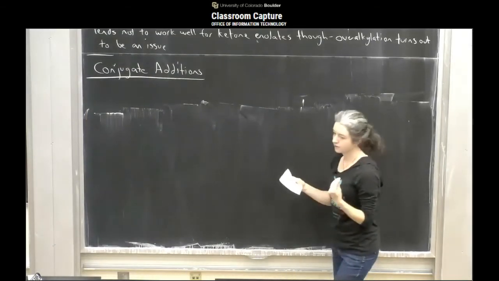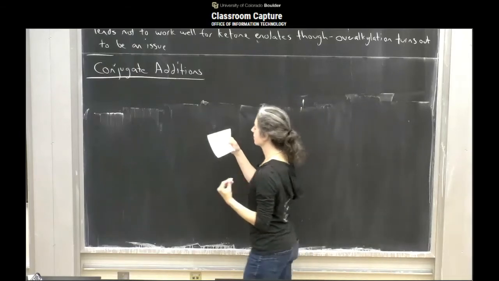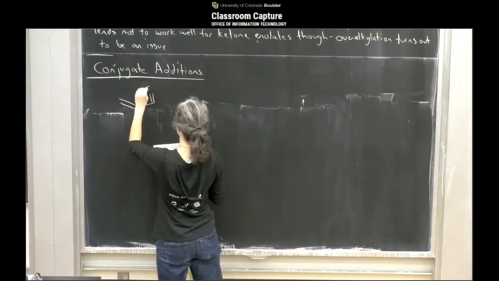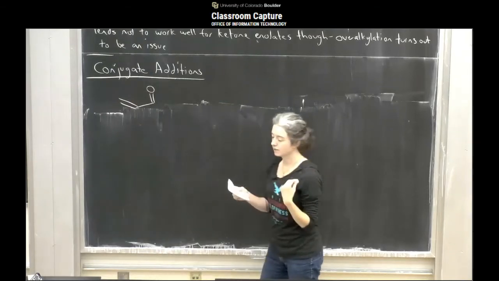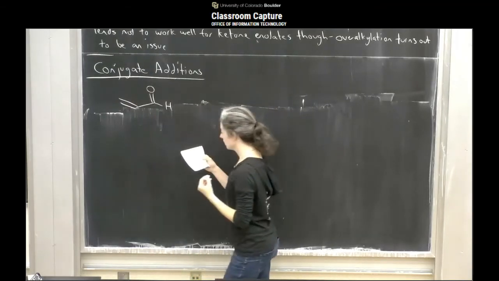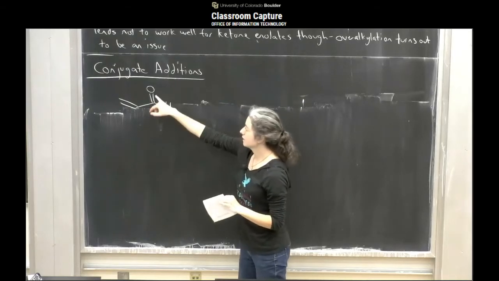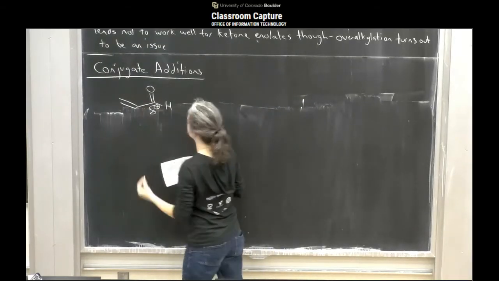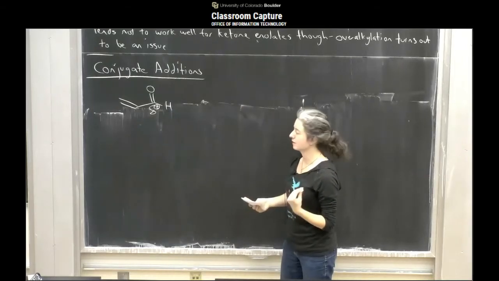So this whole section is about molecules where you have a carbonyl conjugated to an alkene. Because it turns out, we already know from chapters and chapters of looking at this that we have a delta positive on the carbon of the base of the carbonyl, right?